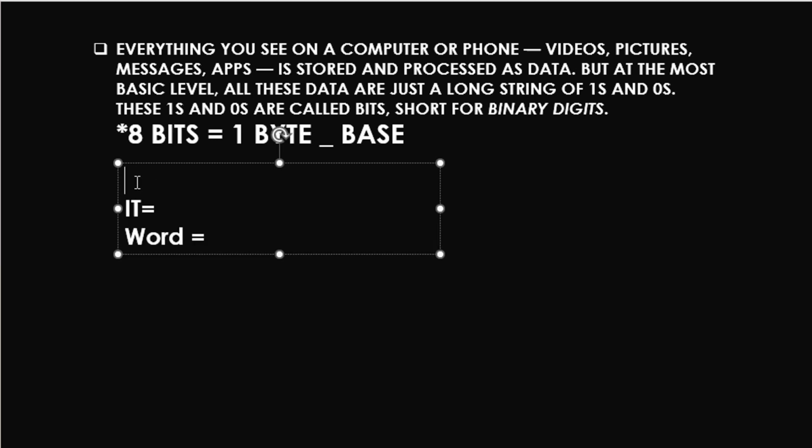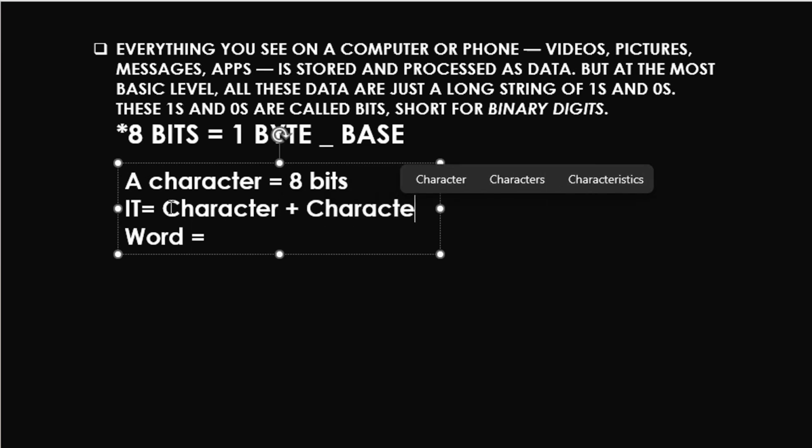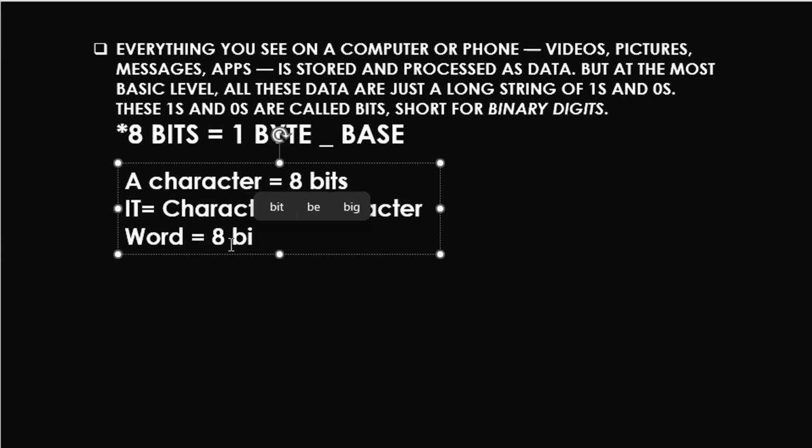Before we get a word, we have individual or single characters coming together to form a word. A character is equal to 8 bits. Every 8 bits is a single character. If we want to spell the word "it", we need two characters, a character plus another character. The first character is I and the second character is T. These two characters combined give us the word "it". Now this word gives us 8 bits plus another 8 bits.